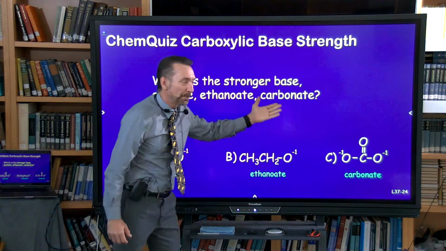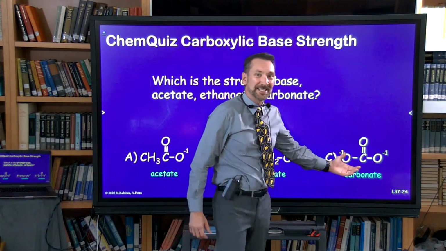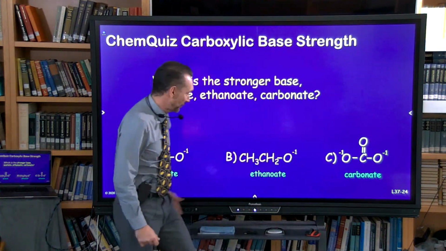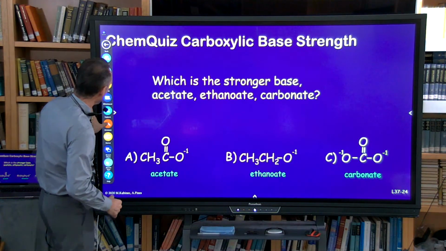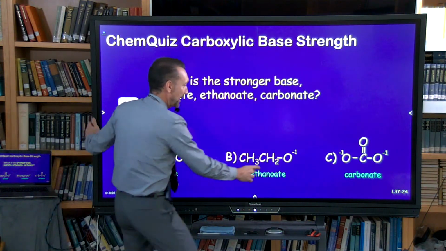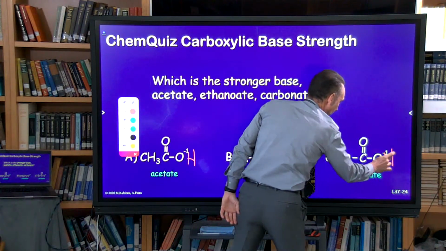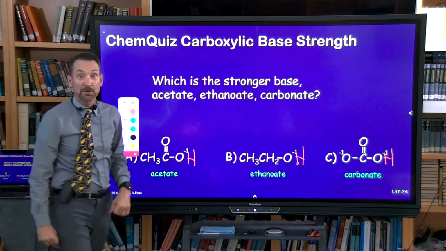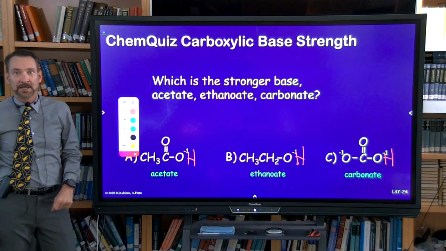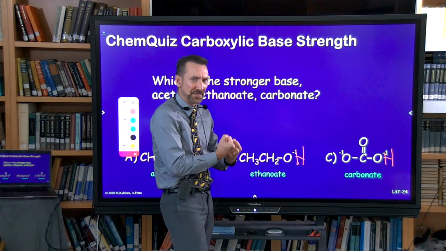The stronger base. Which is the stronger base? I need to know the weakest acid here. So I need to say, if I were to put the proton back on, there, and there, and there, which would be the weakest acid? Because why is it a weak acid? It's a weak acid because I hold on to that thing.